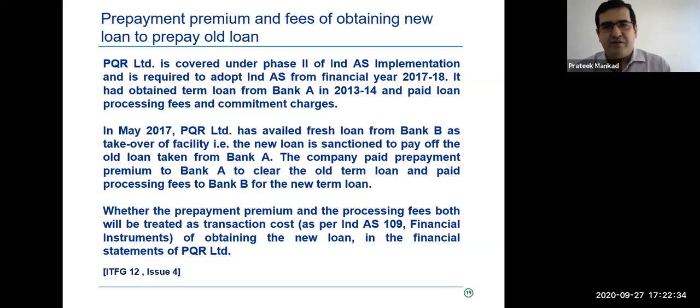And now I'll leave it open for 2 minutes for everyone to go through the fact pattern again and give their possible responses. We've already got one answer. It says both are transaction cost. Prepayment is not factored in the EIR component. Okay, two different answers.